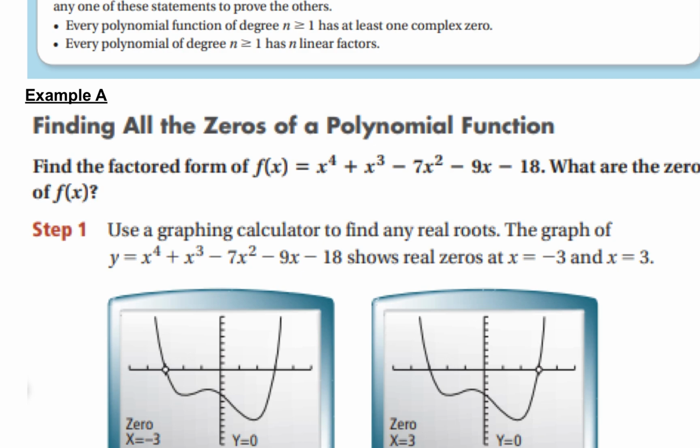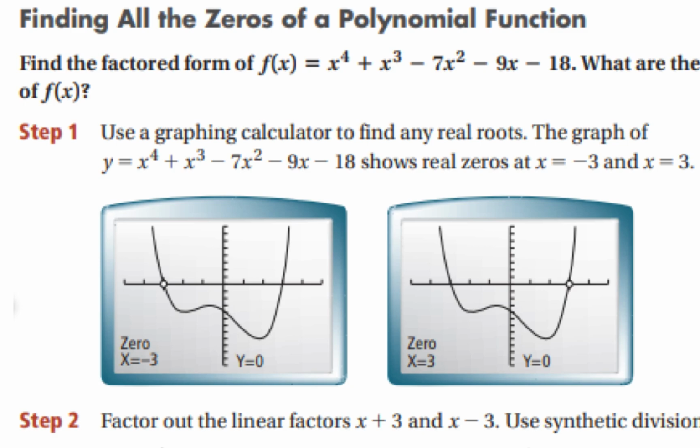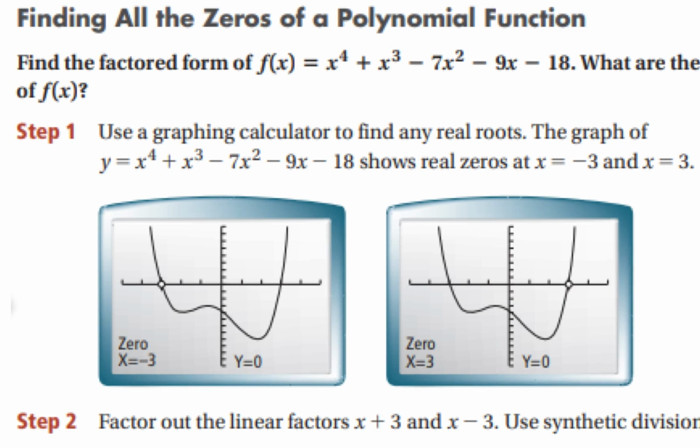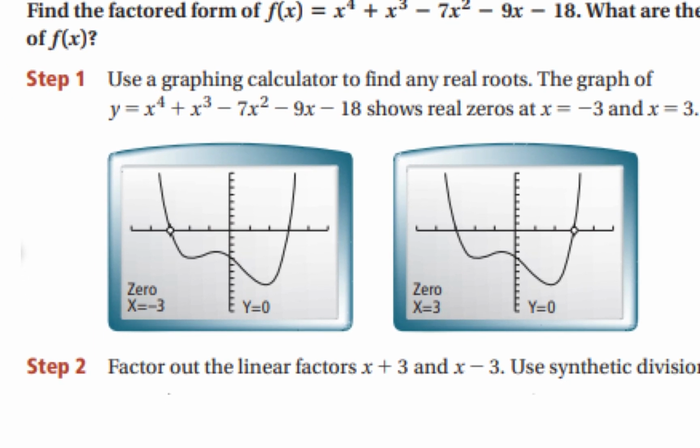So let's look at example A. It says finding all the zeros of a polynomial function. And they're giving you the graph for the reason that you can see the actual 2 solutions, which are x equal -3, and this is x equal 3.